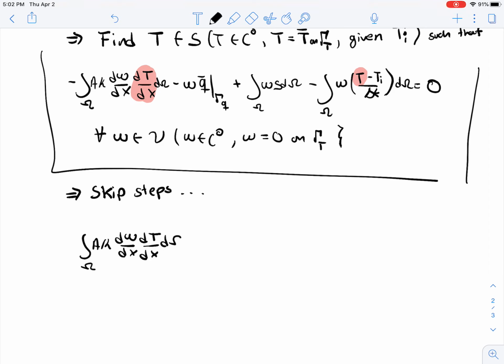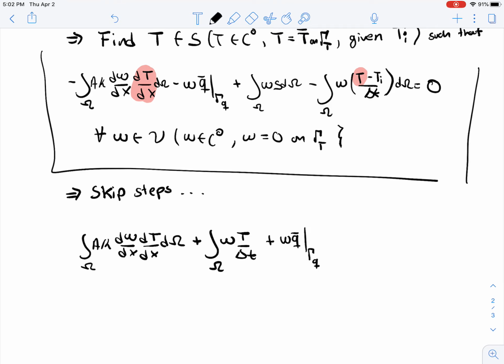So here I have the W dx, the T dx. So that one, let me keep like that. Then I'm going to split this term and put it here. So this is going to be plus the integral of omega W T over delta T. And then I'm going to have all the other force terms.